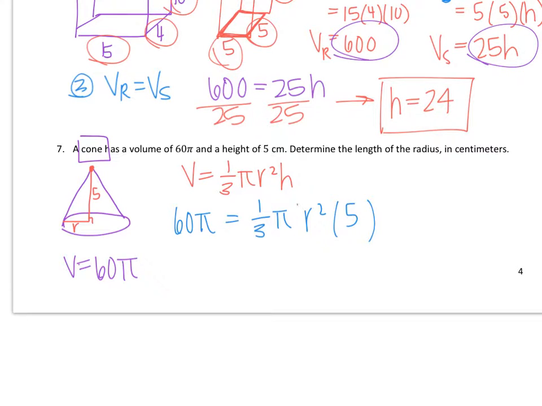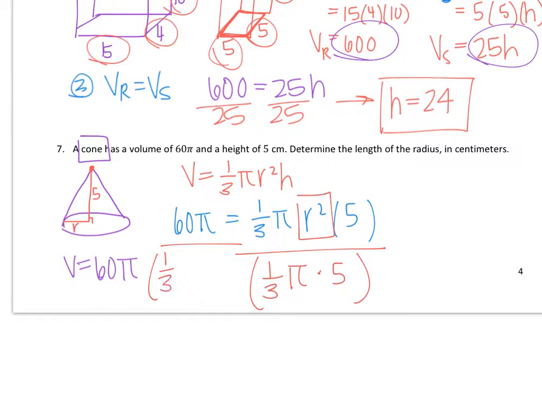Now again, our goal here is to find r squared, similar to that problem about the cylinder where we had to find the radius. So to do that, we're going to use big parentheses for some division here. Divide by 1/3, divide by pi, and divide by 5. You have to do that to both sides, remember.